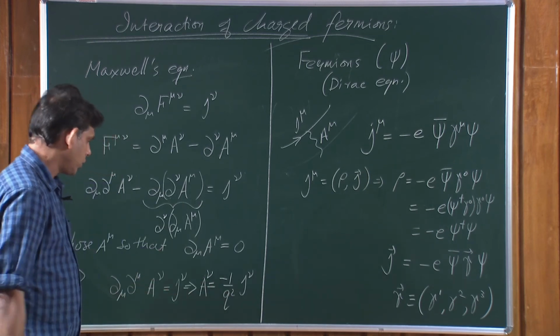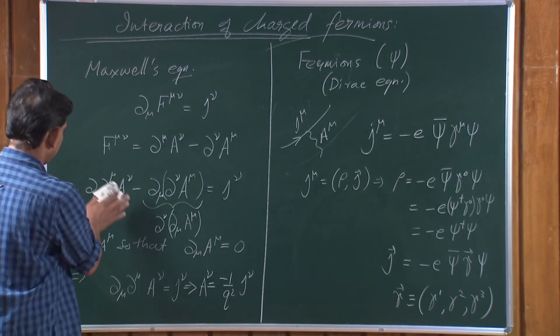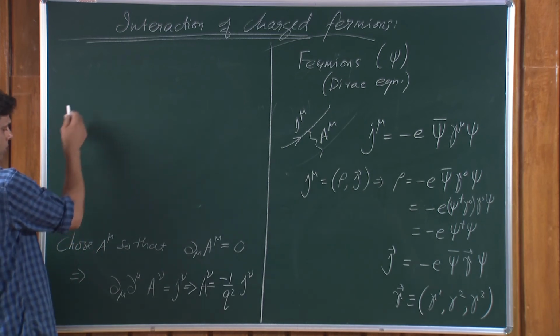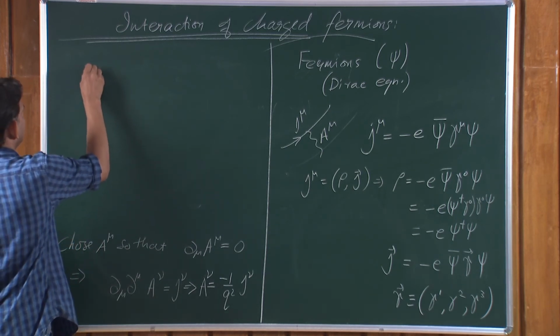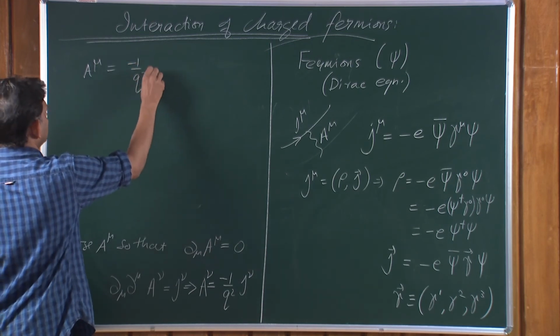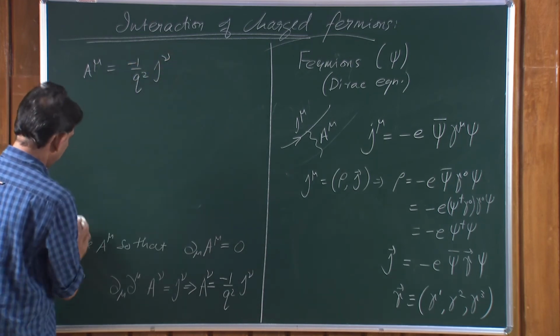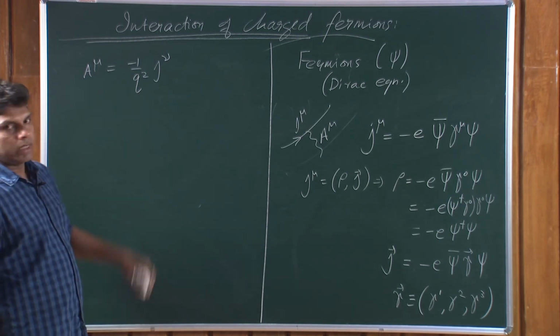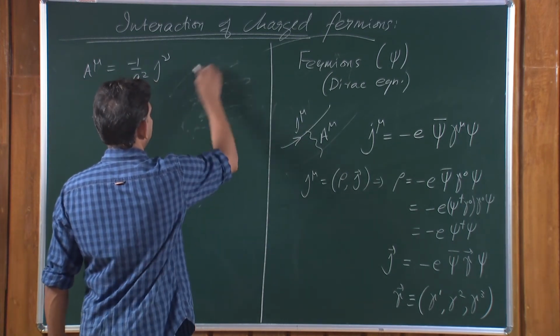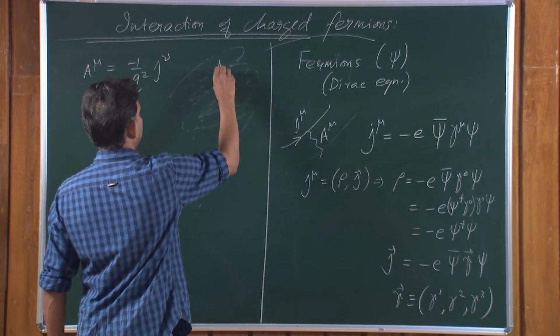What do you mean by q square? I will come to that. Let me rewrite this: A mu is equal to minus 1 over q square J nu. So, what does that mean? This means in a region we have some electromagnetic field represented by A mu.